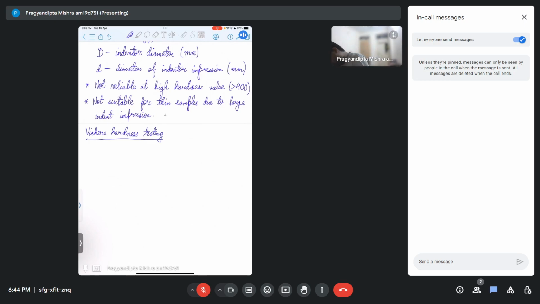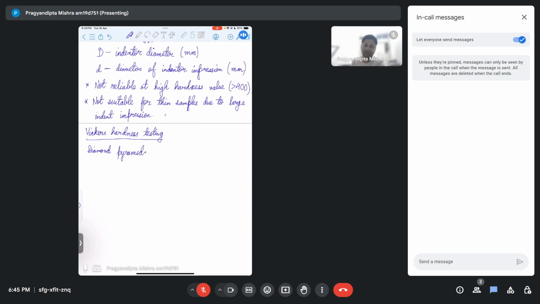Rockwell's hardness testing is another way to automate the testing.